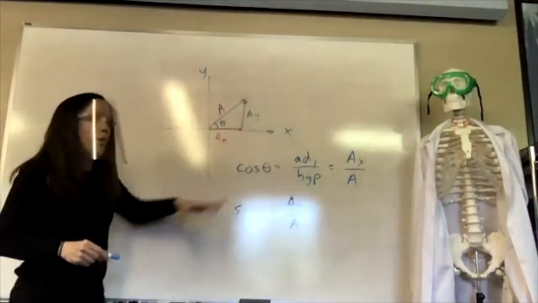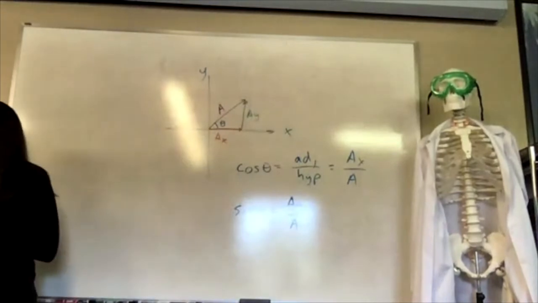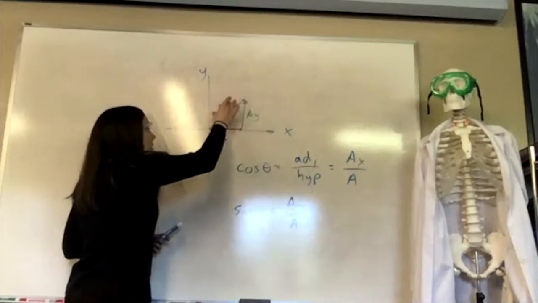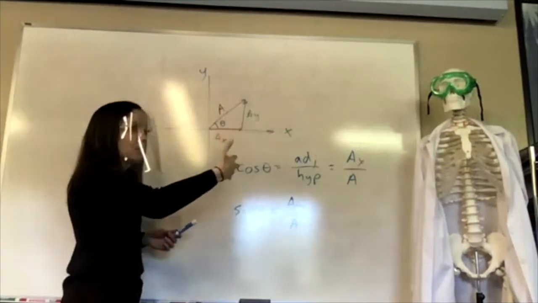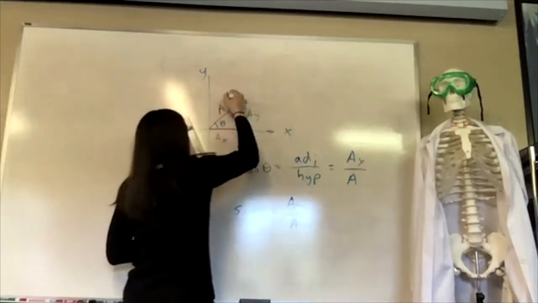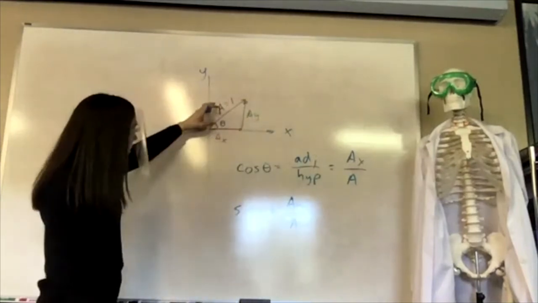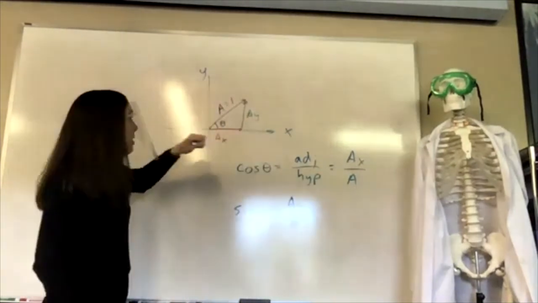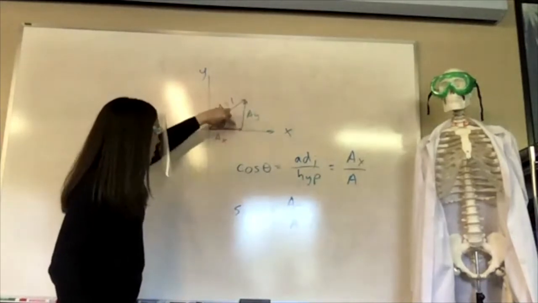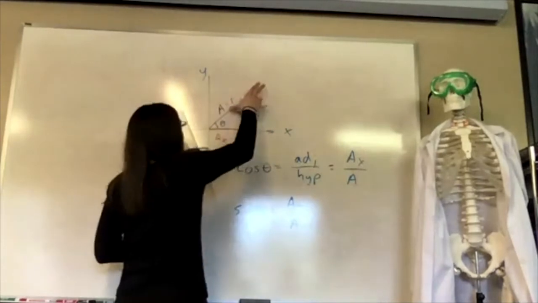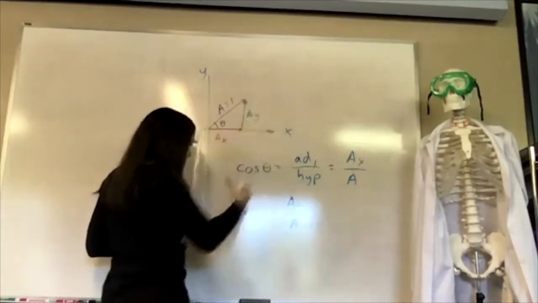Now, cosine and sine are ratios, which means that we can make one side whatever we want it to be, and the other sides would then fall into place. Like, we can make this hypotenuse equal to 1. Let's just say the vector equals 1. If that is the case, then these sides would have a certain ratio that would not change if you had a side of 2 for the hypotenuse or 3.